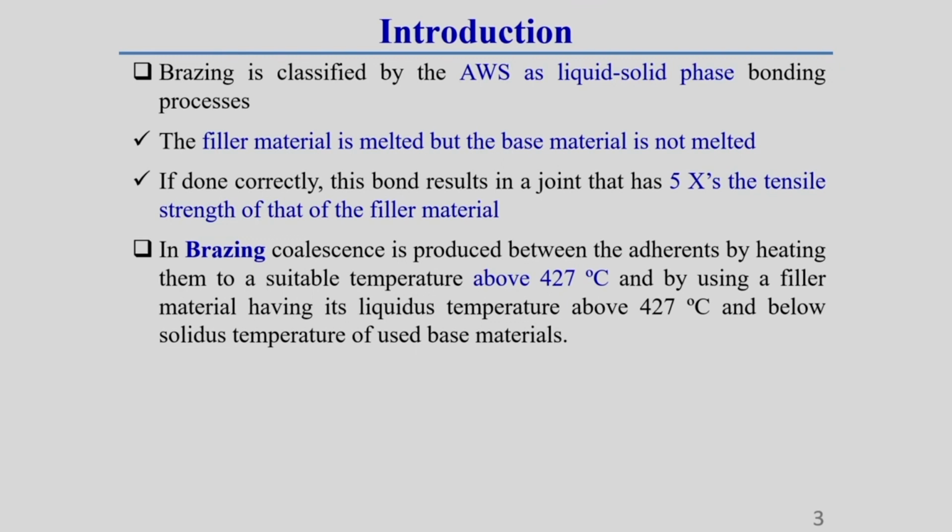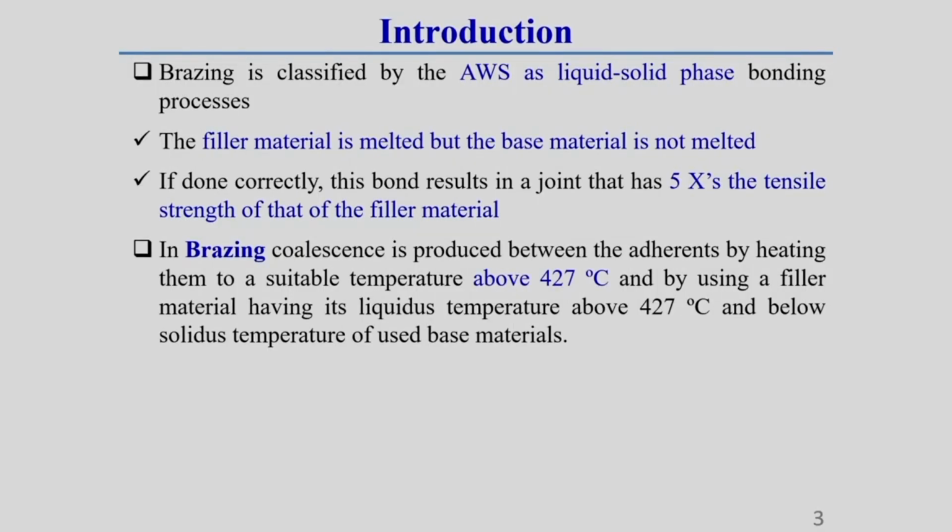One thing you should keep in mind: if this is done very precisely and correctly, the bonding strength can be more than 5 times the strength of the filler material used to join the base material or adherents.